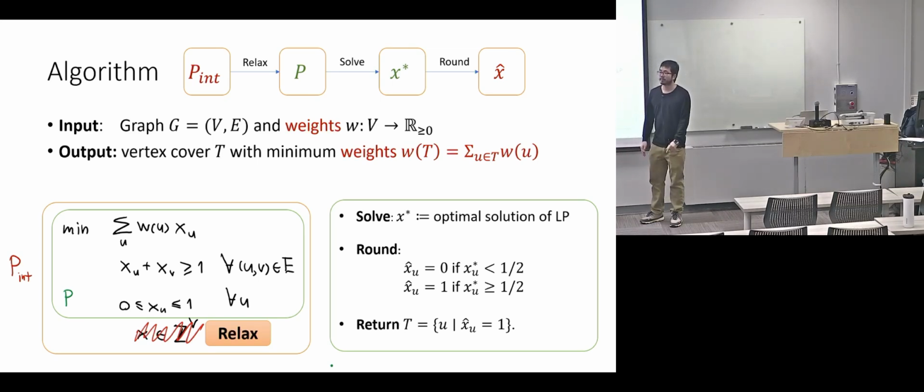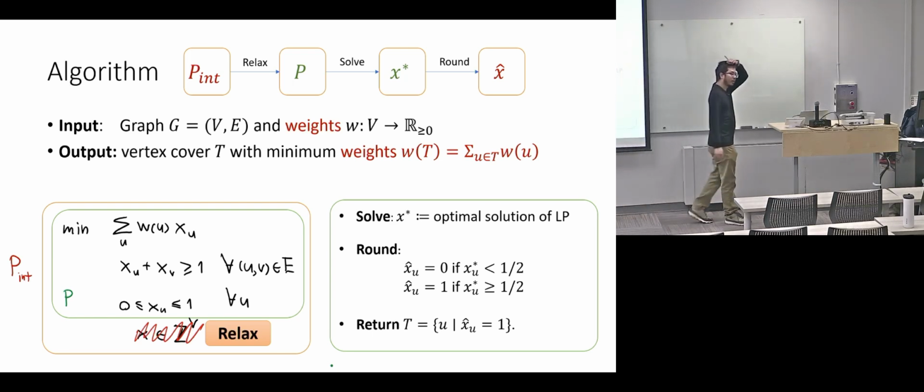We have a constraint that for every edge, the sum of the values on each vertex should be greater than or equal to 1. So on every edge, there's guaranteed to be at least one node above 0.5. Exactly. The sum here is at least 1. There are 2 terms, so one of the terms must be at least half. So you will basically cover every edge. Okay.